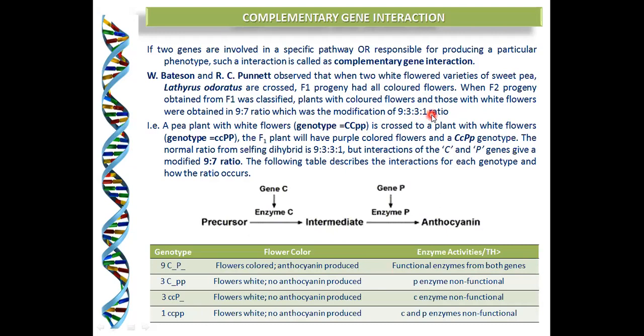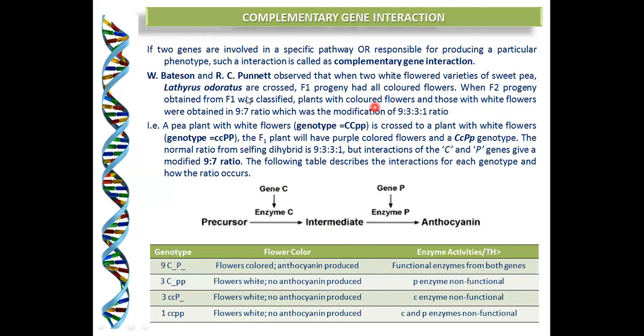Now you can ask, sir, how is 9:3:3:1 a dihybrid cross? Dihybrid cross means we are considering two characters, but here we are considering only one character, the color of the flower. So how can you say this is a modification of the dihybrid cross?